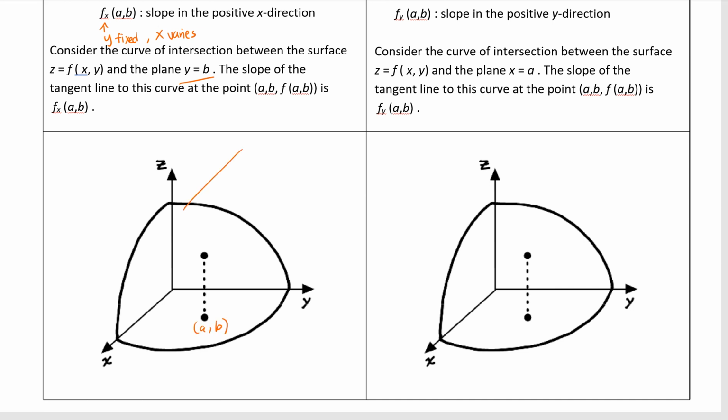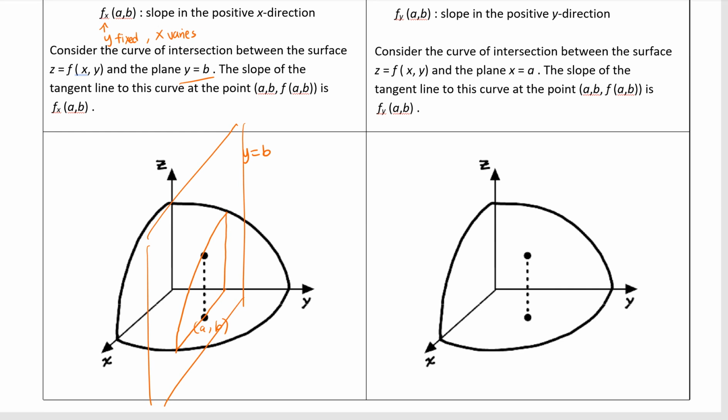Then this plane is y equals b. Sorry. Let me draw it better. Okay, so it should be parallel to it. Okay, so this is the intersection of the plane y equals b. So far, so good. Then you see the intersection is the curve.